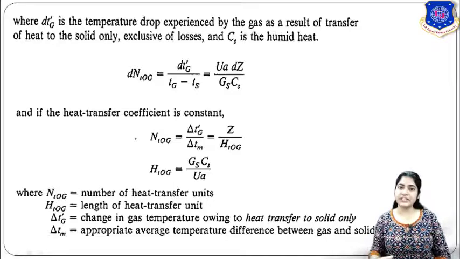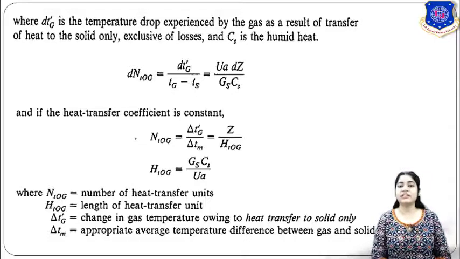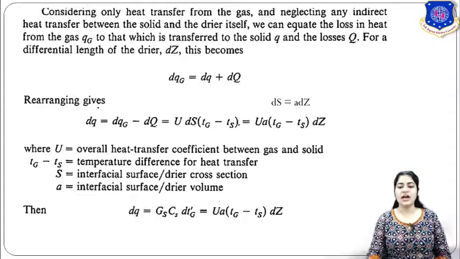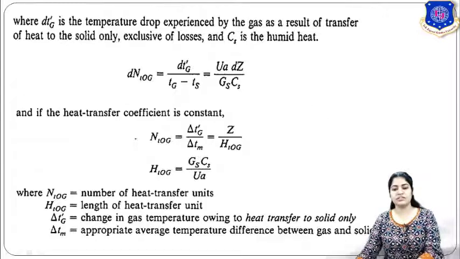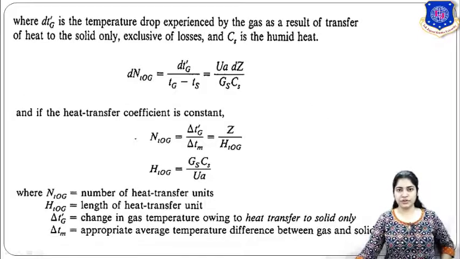As heat is transferring to your wet solid, the temperature of your gas is going to decrease. But here the condition is that you are neglecting your heat losses. Of course, in this equation which we formed, we are not considering heat loss. Because of that, you are representing your Qg by Tg minus Ts. This is a general description of your heat transfer balance, but you are neglecting the heat losses. Hence, you get the following equation.